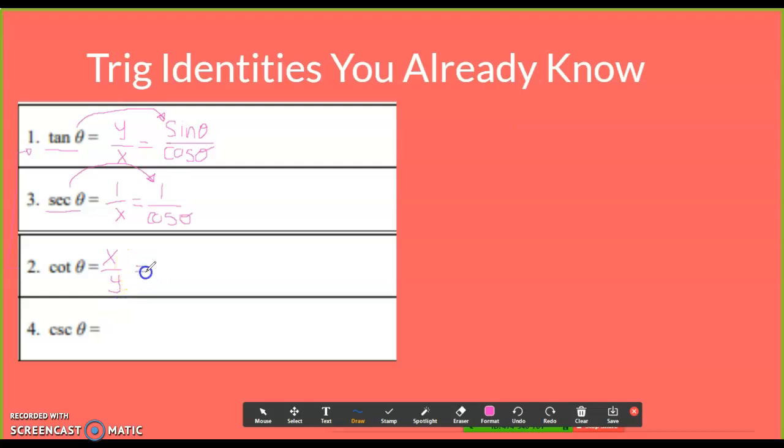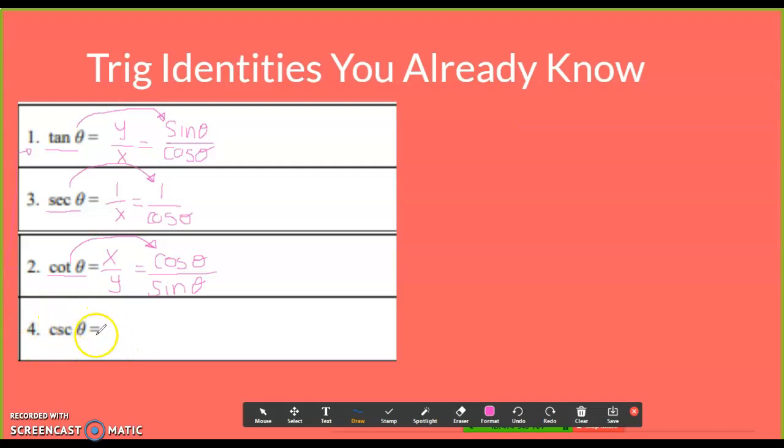So cotangent then should be what x is, which we know is the cosine of theta on the unit circle, over y, which we know on the unit circle is the sine of theta. So from henceforth and forevermore, we're going to now say that the cotangent of theta is the cosine of theta divided by the sine of theta.